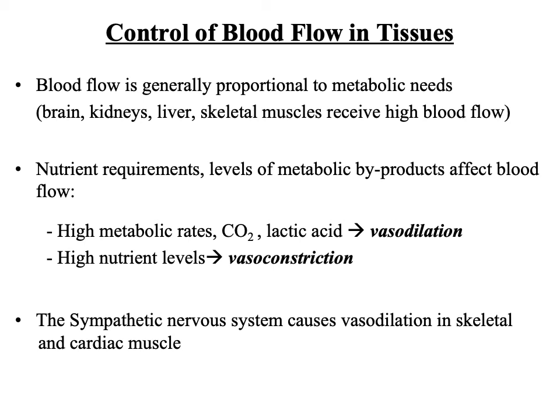That leads to vasoconstriction, the opposite, where the vessel decreases in size and blood flow slows down a little or is maintained at a steady rate. High nutrient levels also go along with low levels of waste products, because if the cells are not using glucose and oxygen, they're not giving off much carbon dioxide or lactic acid.